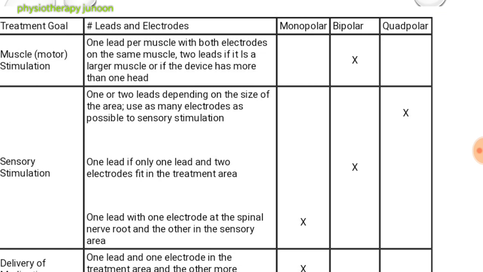Here no bipolar; monopolar or quadrupolar according to the size of the area. For the spinal nerve root: one lead with one electrode at the spinal nerve root and the other in the sensory area. Here monopolar, not bipolar or quadrupolar.